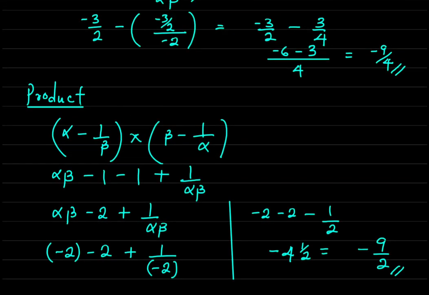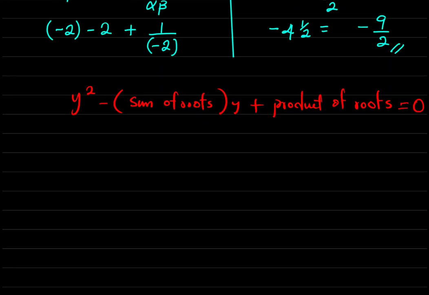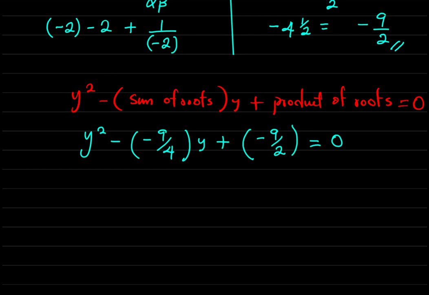Now the sum of roots is minus 9 over 4. So here I have y squared minus minus 9 over 4, then my y plus the product, which is minus 9 over 2. Everything is equal to 0.